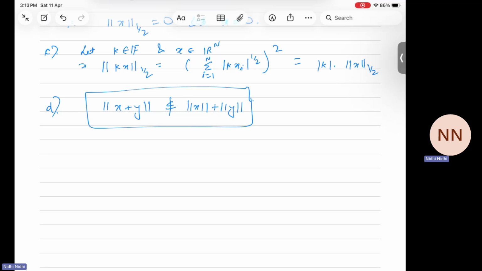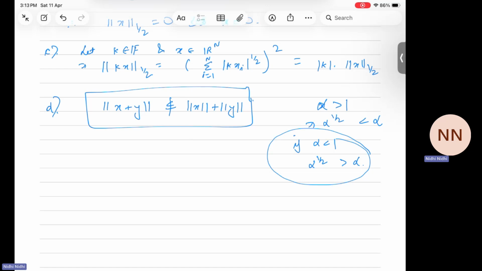So the idea is to take terms which are less than 1, because we all know that if we take the square root of some real number greater than 1, say alpha is greater than 1, then root alpha will always be lesser than alpha. But on the contrary, if alpha is less than 1, then root alpha will be greater than alpha.